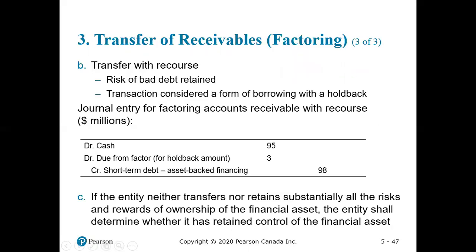So the second type is transferring with recourse. So this is when the risk of bad debt is retained and the transaction is considered a form of borrowing with a holdback.